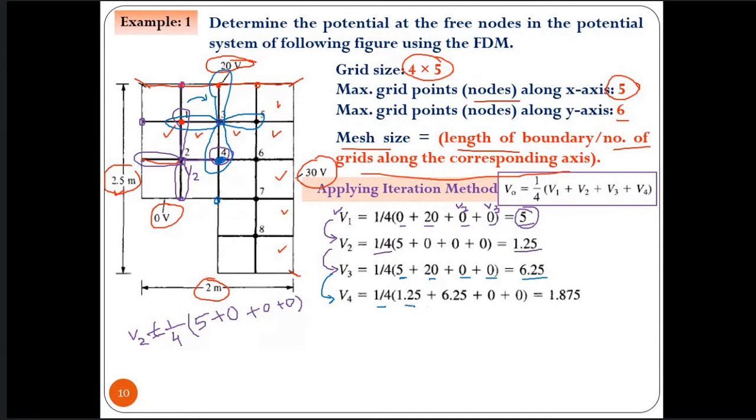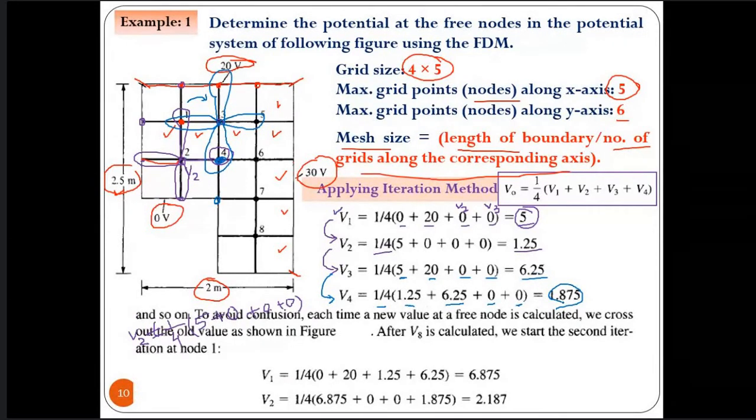Then it depends on V3, which is 6.25. Then comes V6, which is still unknown and approximated as 0, and the potential of the fixed node is 0, so it becomes 1.875.